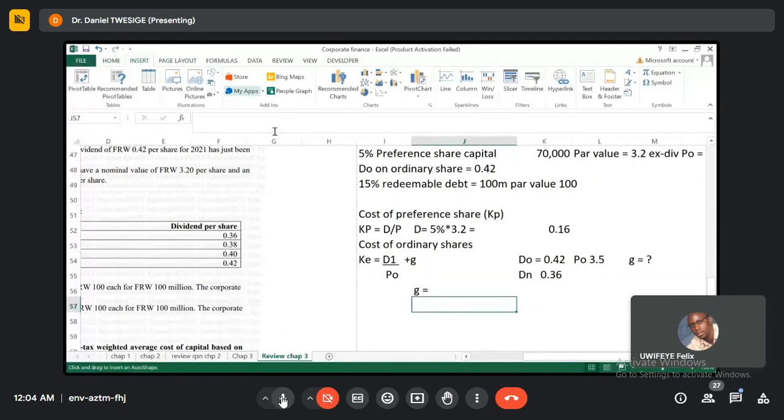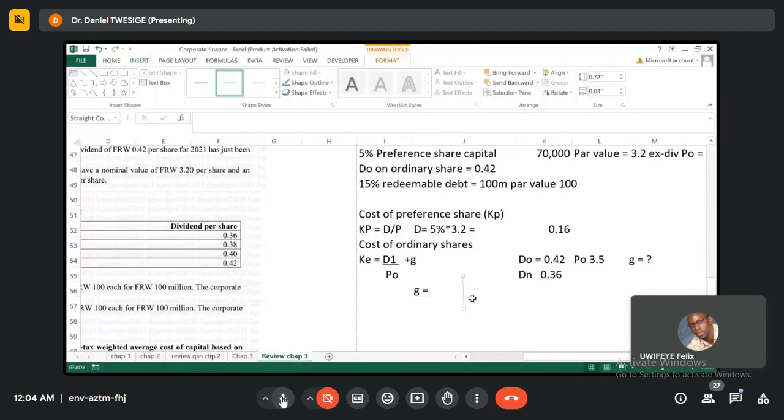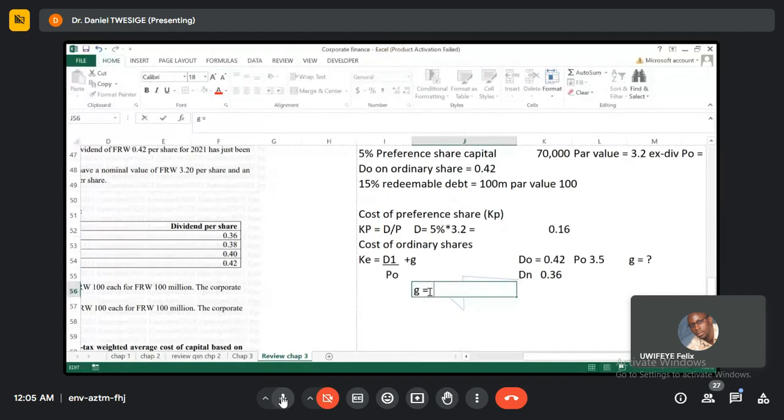It will be cube root of 0.42 divided by 0.36, then minus 1. So what do you get as G?